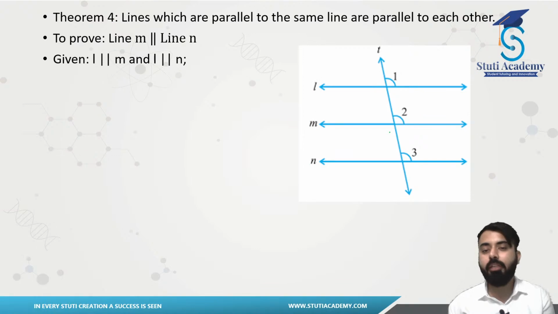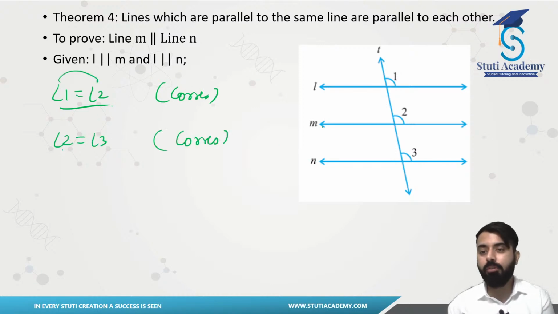Now this point is quite easy to understand. We have just an angle right here. You guys see, if L is parallel to M, then angle 1 will be the same as angle 2, corresponding, right? And if M is parallel to N, then angle 2 is equal to angle 3, corresponding again. Now you guys see, 1 is equal to 2, 2 is equal to 3. So therefore angle 1 is equal to angle 3. Now if the pair of corresponding angles are equal, that means the lines are parallel.